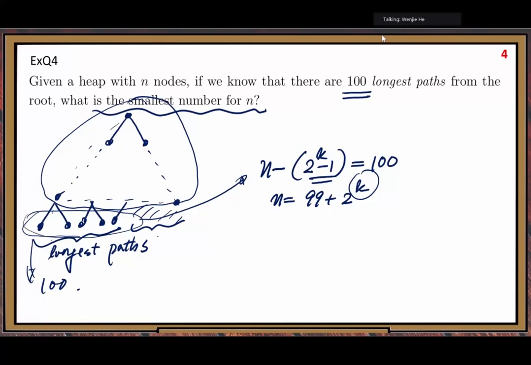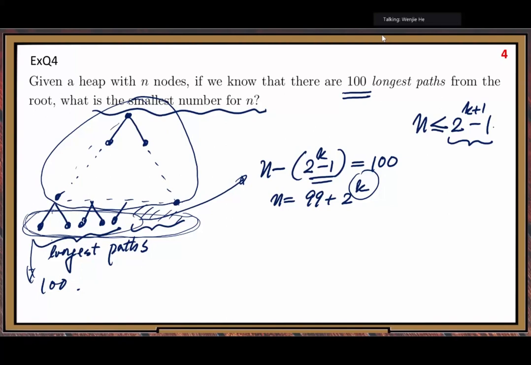Because the bottom level may not be full, right? It could be full, but it may not be full. So n should also be less than or equal to 2 to the k plus 1 minus 1. Because when the bottom level is full, the equal sign holds with n equals 2 to the k plus 1 minus 1.